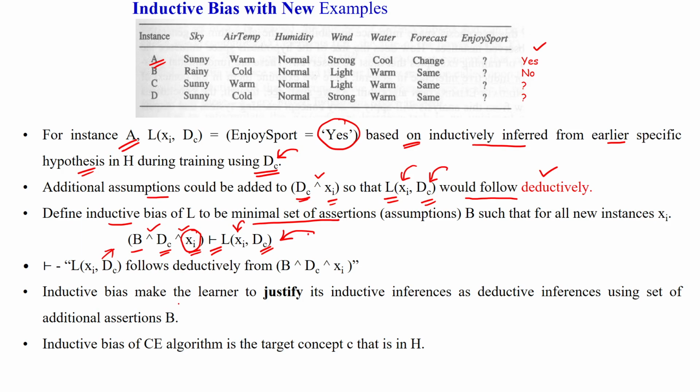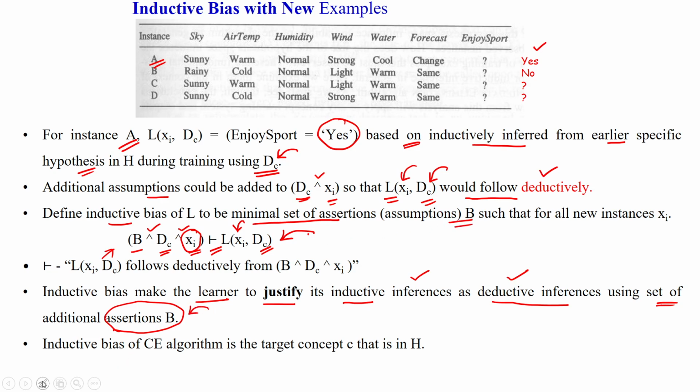The inductive bias makes the learning system justify its inductive inferences as deductive inferences. So here the inductive inference is justified as a deductive inference using a set of additionally added assumptions, capital B, which is added here.